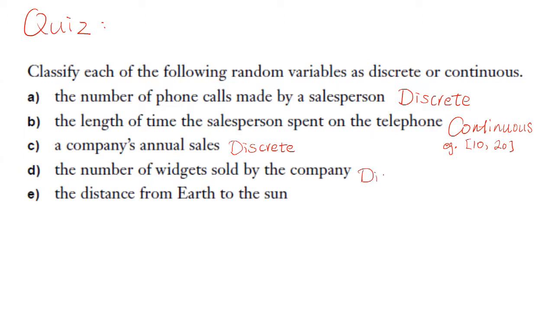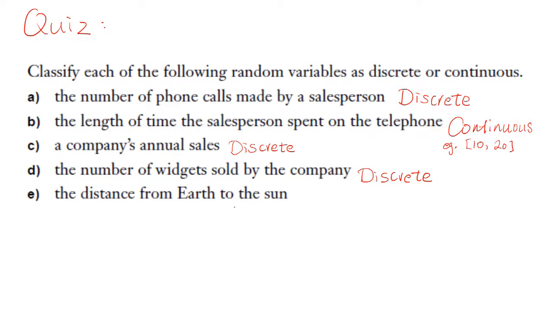This is also discrete. Because presumably the company sells only whole veggies. It can only be an integer number. There does not exist an interval where the value can lie within that interval. There does not exist such an interval, right?